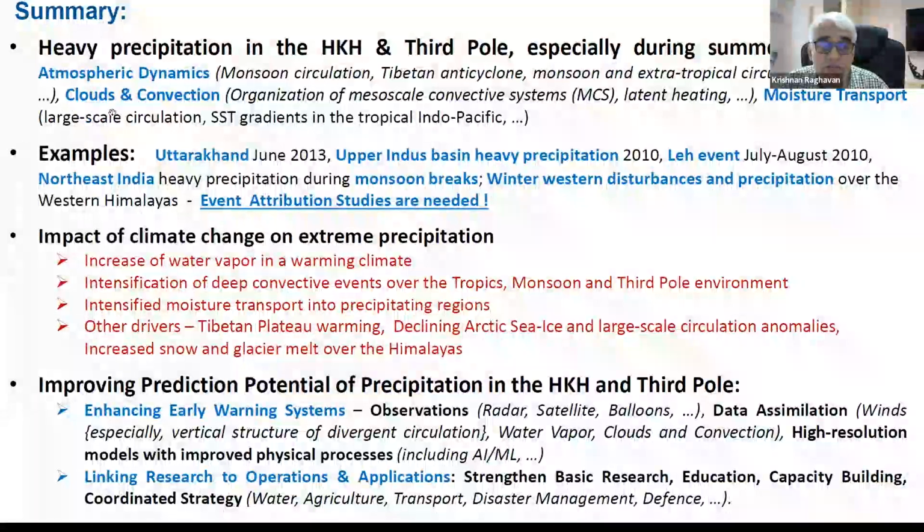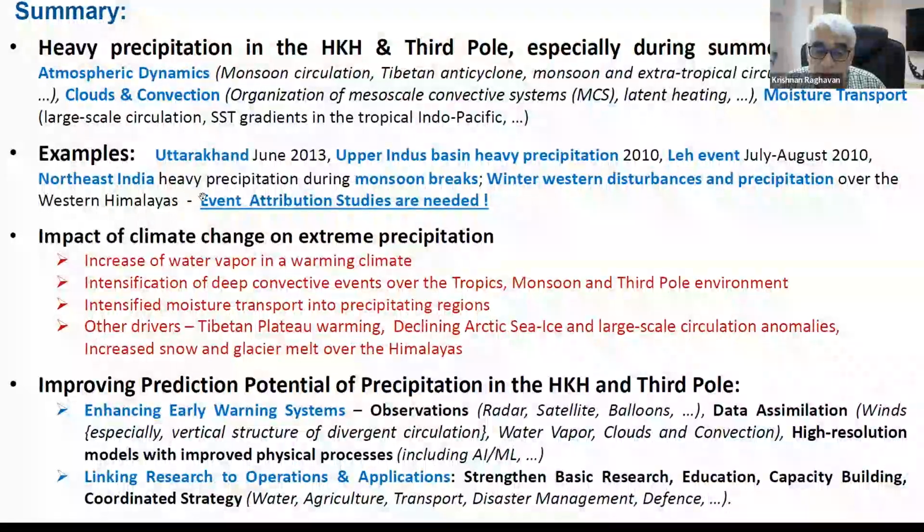You also have clouds and convection, how the mesoscale convective systems are organizing, the latent heating and moisture transport, and large-scale SST gradients in the Indo-Pacific can also alter these heavy precipitation events. We also described some examples: the Uttarakhand 2013 event, the Leh event in 2010, and Northeast India heavy precipitation events.